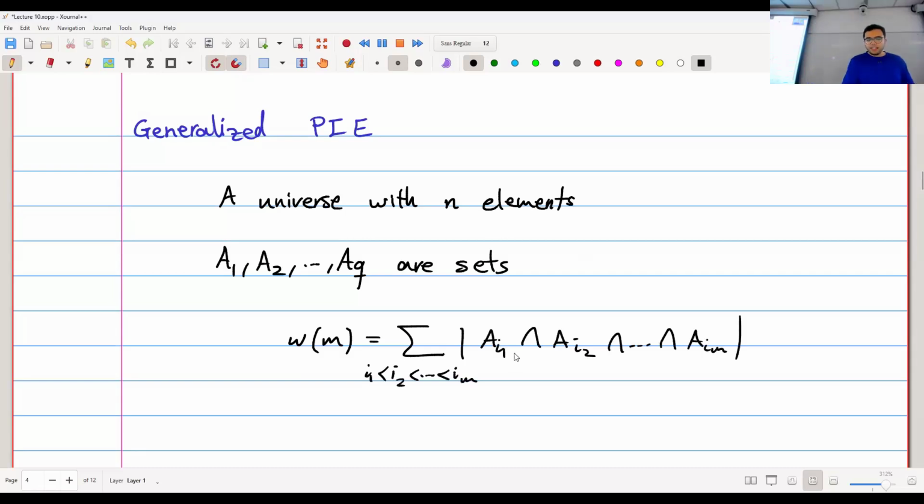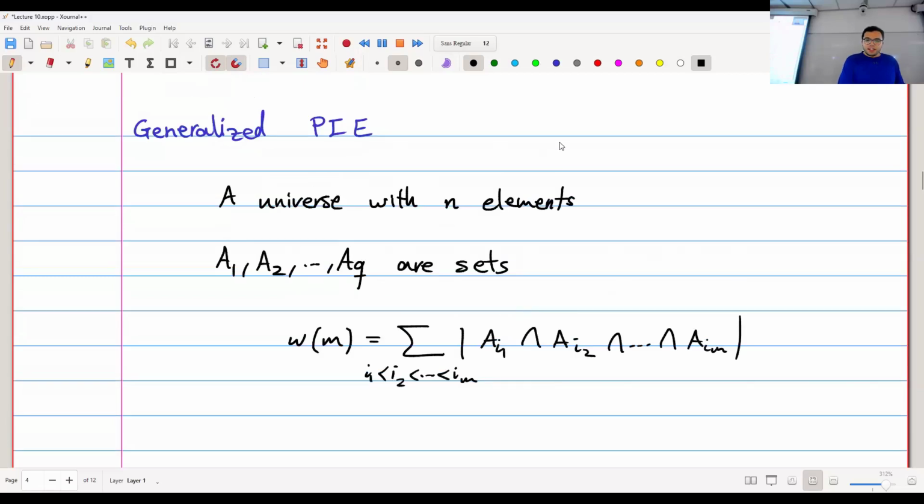So I take any possible combination of m of my sets, I take their intersection, look at its size, and I add up all these sizes. And I show that with omega of m. This was what we had in the last session, basically to avoid writing this sum over and over again, because I hate writing this sum.